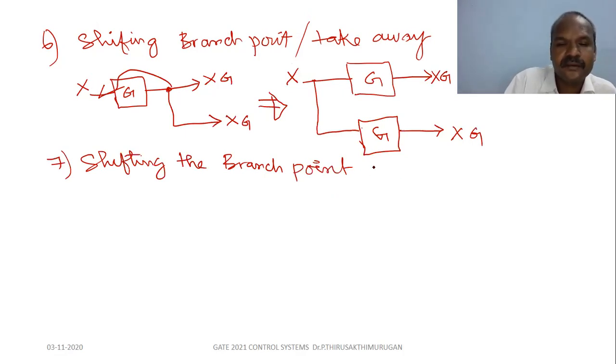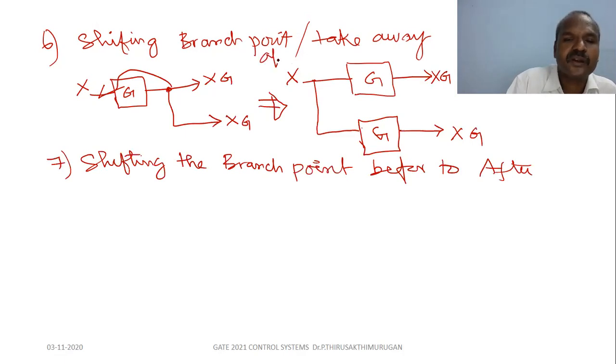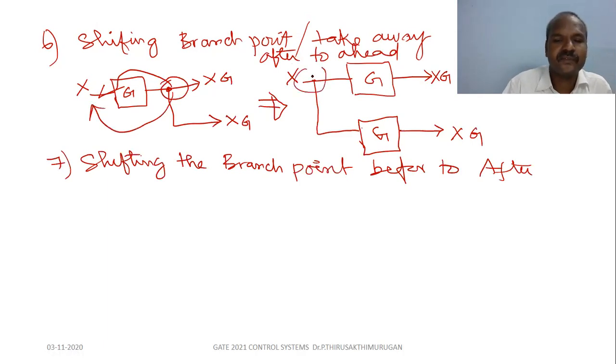Okay, shifting the point before to after. This is after the block to ahead of the block. After to ahead. So after, we are shifting after to ahead. You see, this is ahead of the point.